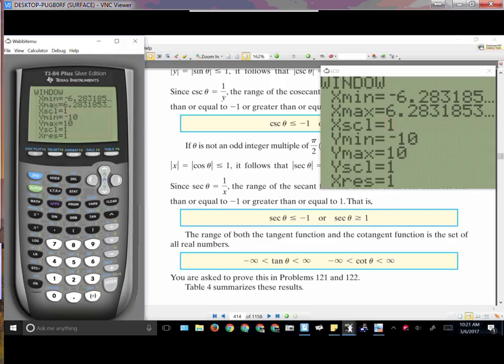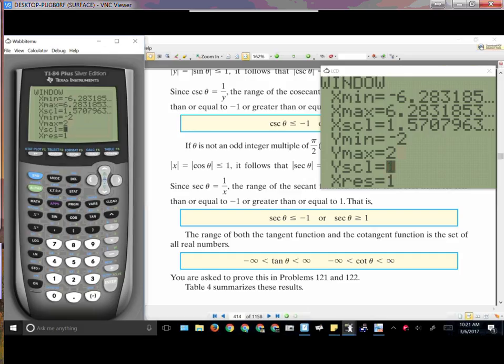I can set the scale to be pi divided by 2. So now we're going to be thinking about this in terms of the trigonometry and what we're going to have for domains and ranges. Now I'm going to set this for negative 2 and 2 here for the y minimum and maximum. And I'm just going to leave the scale at 1.